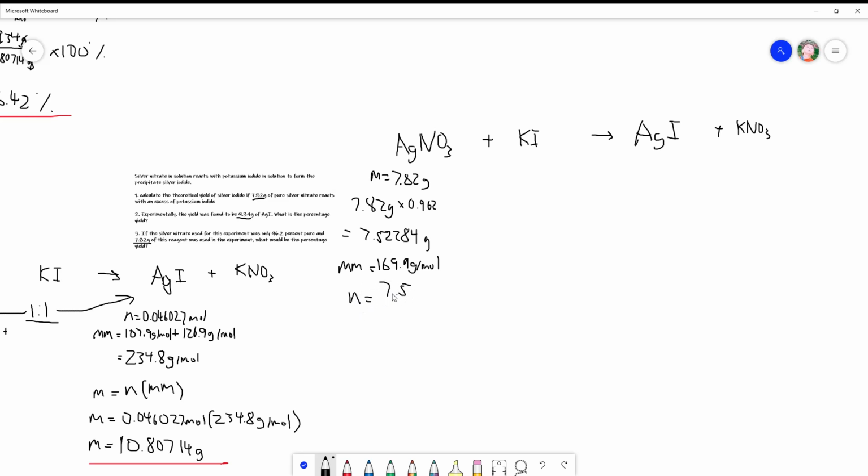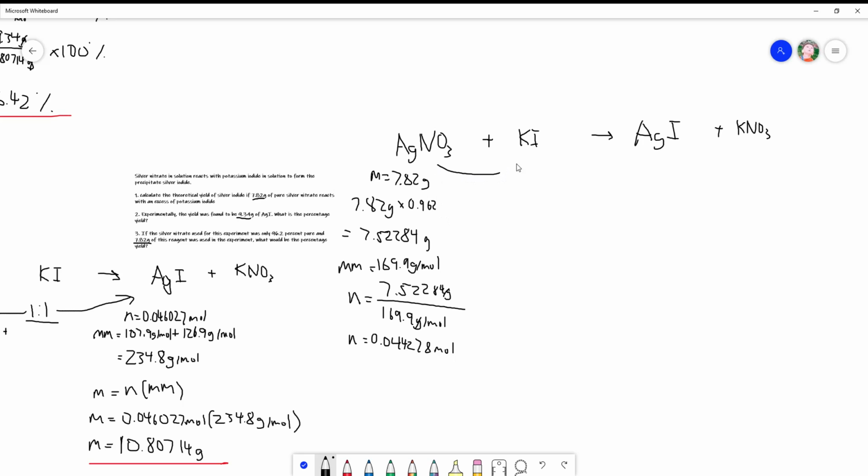The mass is 7.52284 grams over 169.9 grams per mole. Once again, cancel the grams, and then this comes to a total of roughly 0.044278 moles.